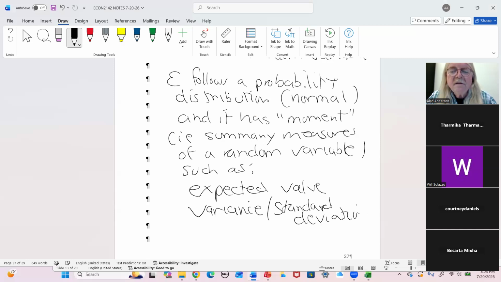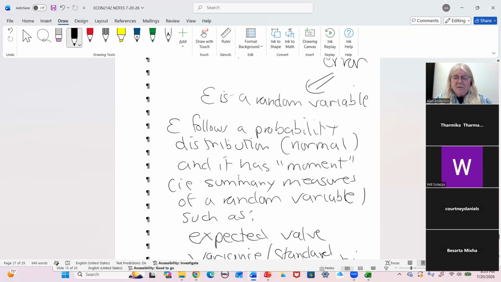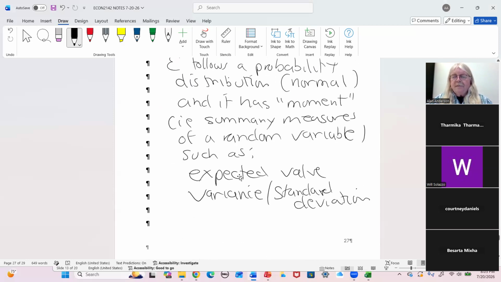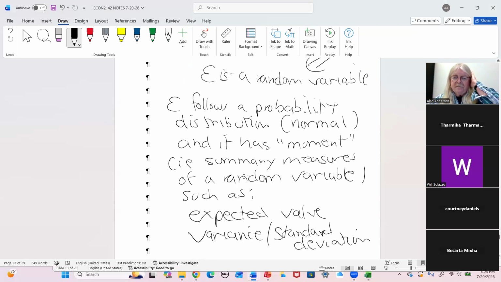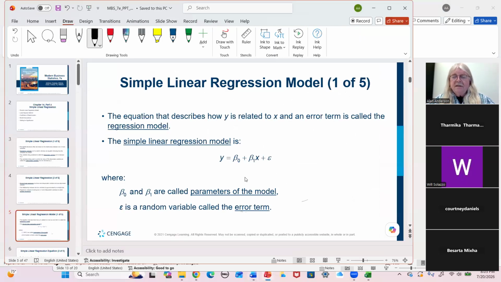They're not really two separate independent moments. So epsilon is a random variable with its own probability distribution, which happens to be normal. It also has its own formulas for expected value, variance and standard deviation. We'll get back to this soon.